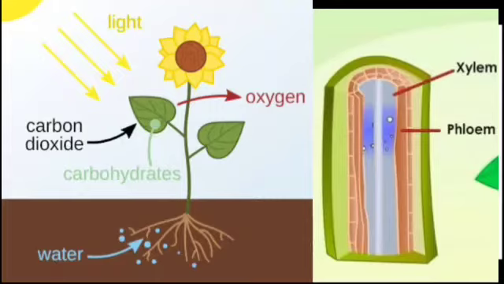Xylem vessels are present in the stem and in the leaves also, in the veins, that is midrib and veins. They carry water and minerals from the soil through the root, through the stem to the leaves, and it becomes available for the process of photosynthesis. Plants use this water and carbon dioxide for making food in the presence of sunlight with the help of chlorophyll.